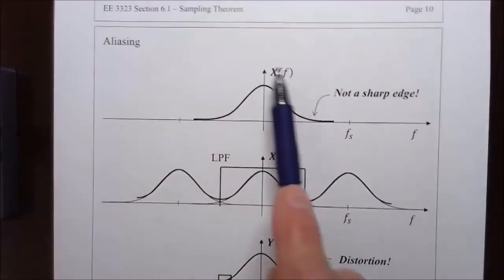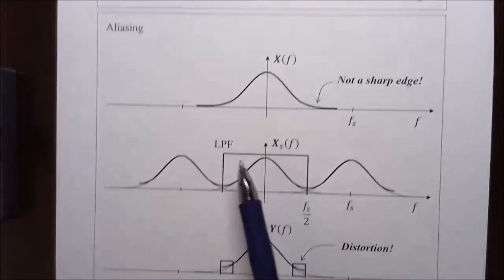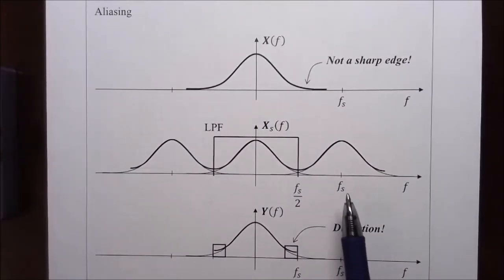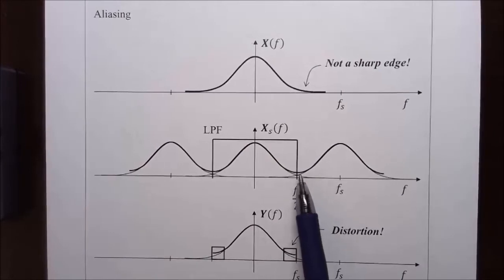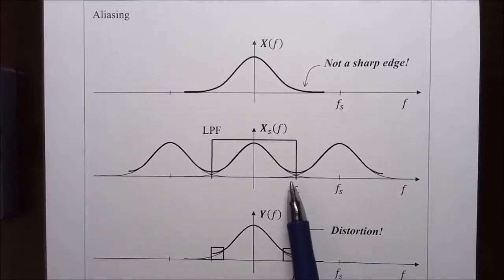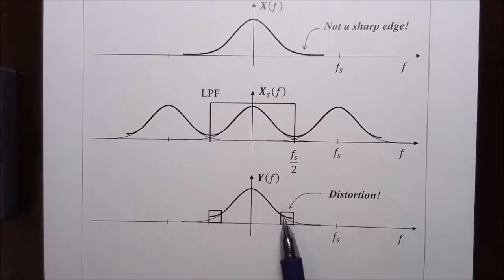So if you sample this signal at some sampling rate, what you will potentially find is that there will be some overlap toward the edges of the low pass filter band, and this will cause the recovered signal to be distorted.